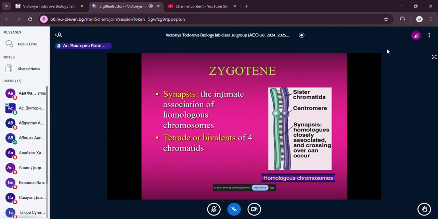In the next subphase, zygoten, the homologous chromosomes coming from both parents come together and form a tetrad or bivalent. This formation here is a tetrad, and the name tetrad comes from these four chromatids, sister chromatids connected by the centromere, and if you look from another point of view, they look like two bivalents.